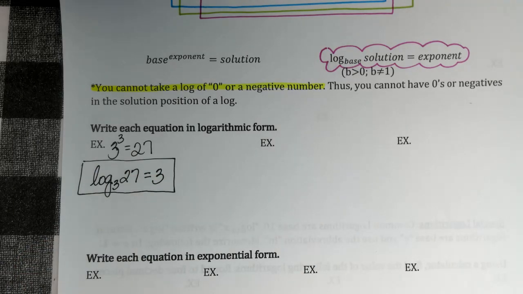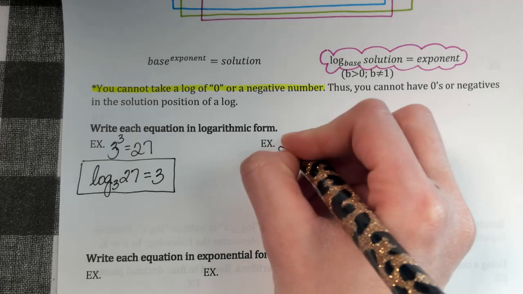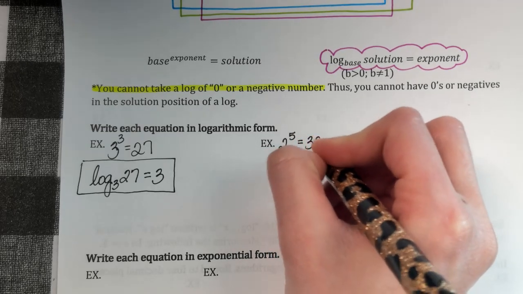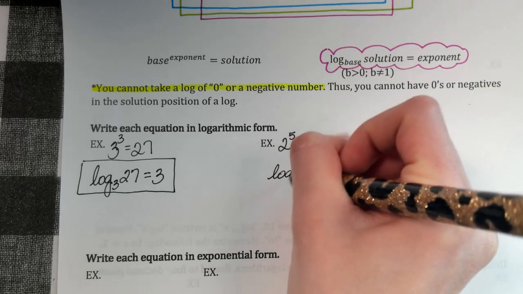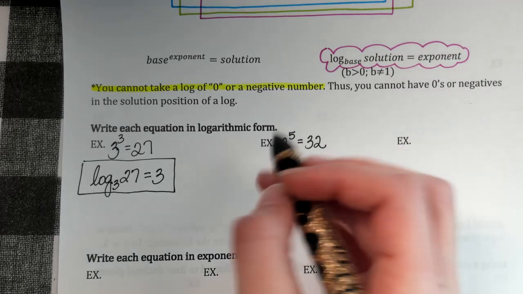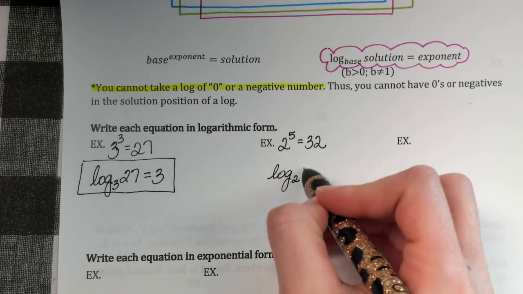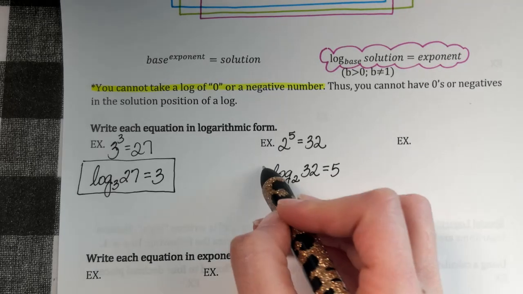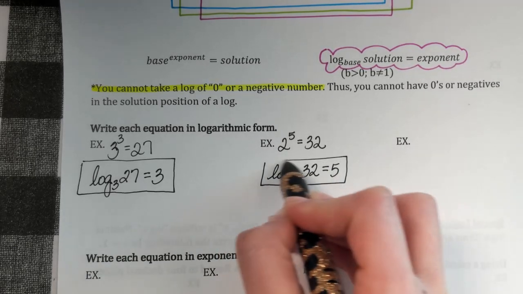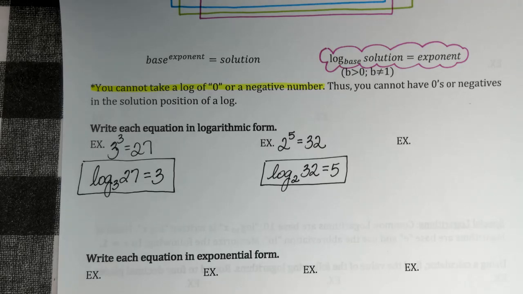If I have 2 to the 5th power equals 32, when I rewrite that, I have my log. What's my base? 2. Solution equals, good. Very simple.